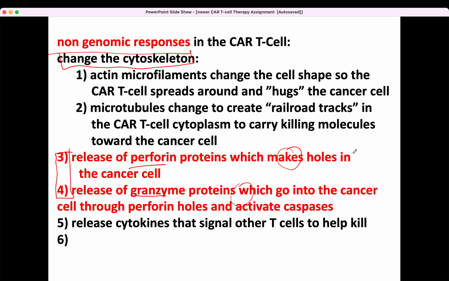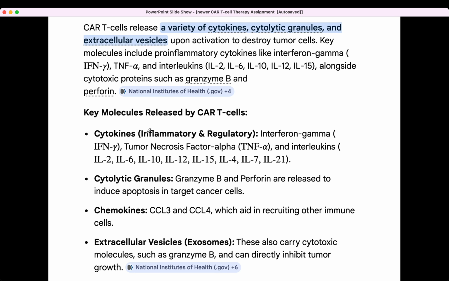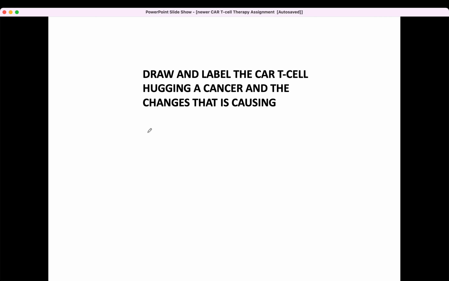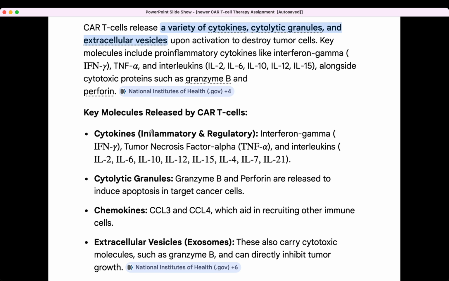And then the last non-genomic one we want to talk about is, well, let's just go through this a little bit. So the fifth one is that the CAR T cells are also ready to release signaling molecules. And these are molecules that activate other T cells, not more of the CAR T cells, but other T cells that do other jobs.